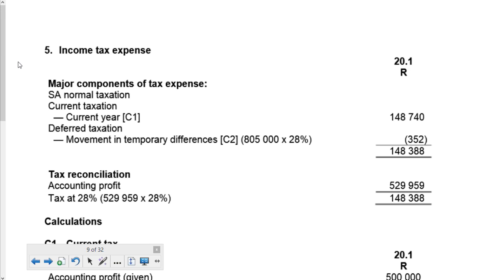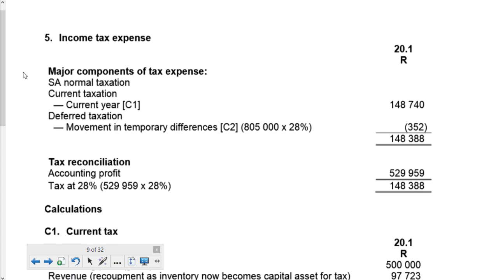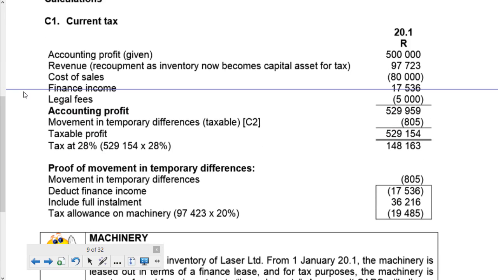Calc 2. Here's the calcs. See here? What we had as cost of sales and inventory gets taken out. We showed revenue and we showed a sale, so we showed revenue and cost of sales.